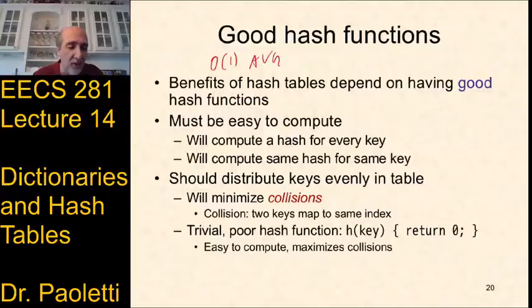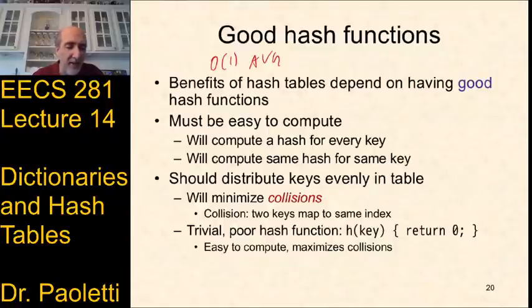So what it must do is it's got to be easy to compute. If taking a string and turning it into an integer takes like O of n cubed time, that's terrible. That's a terrible hash function because it's so slow that I won't get the benefit at all, ever.